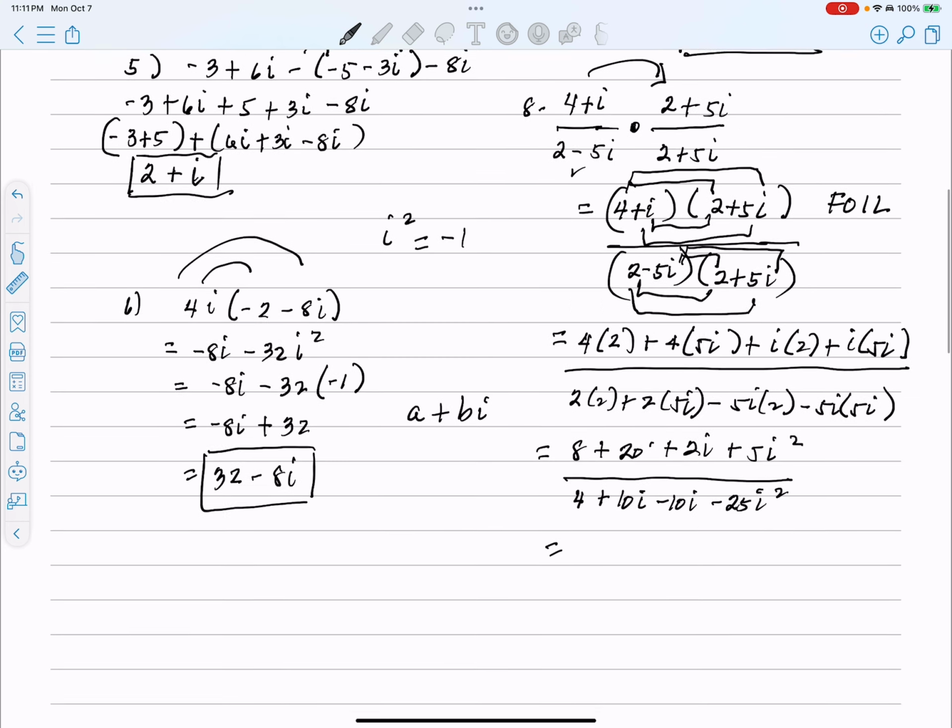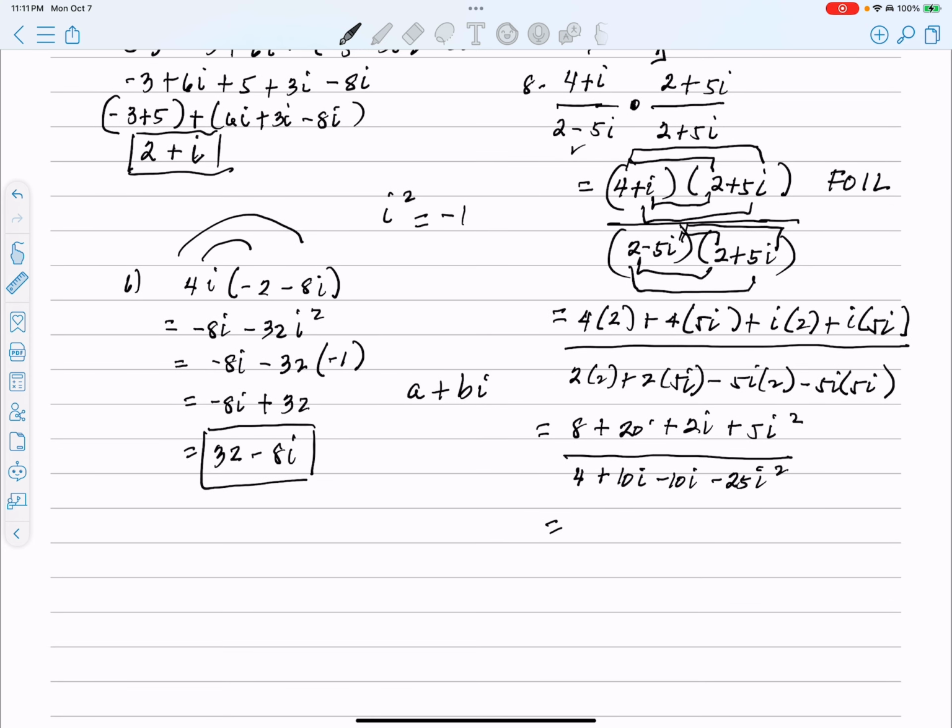Okay, let's combine terms. So in our numerator, we have 8. This is 4 times 5, this is 20i. So 20 plus 2i, that is 22i, and 5 times i squared, which is negative 1.